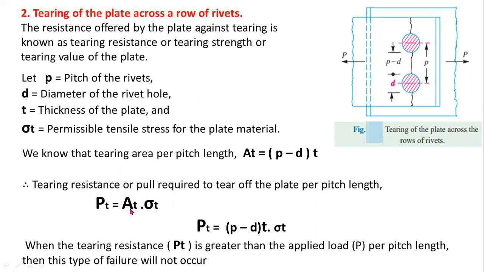Here the cross-sectional area per pitch length equals (p minus d) times t. We have to consider this length from here to here. Sigma t is the tensile stress induced in the plates. So this is the formula for tearing strength.